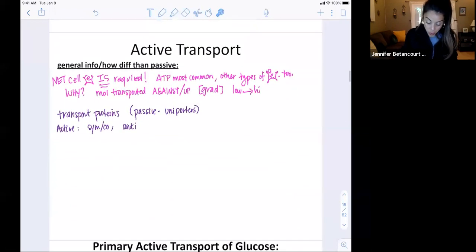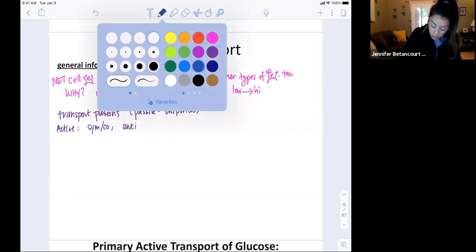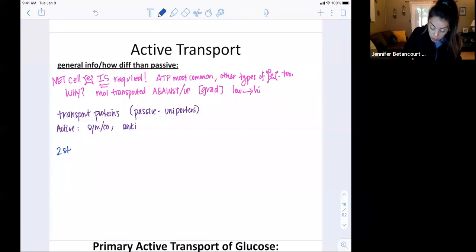So we'll go back to active transport. Active transport typically uses symporters/co-transporters and antiporters, and this is a two-step process. It requires two transportations.